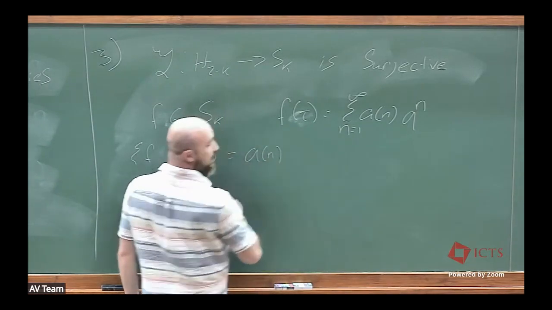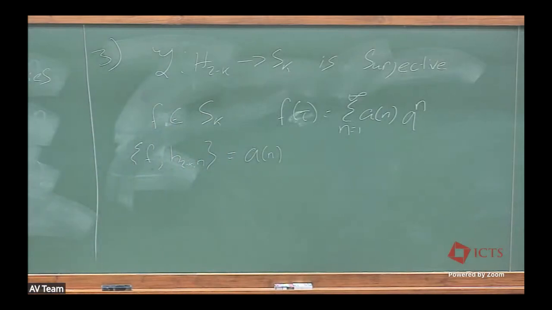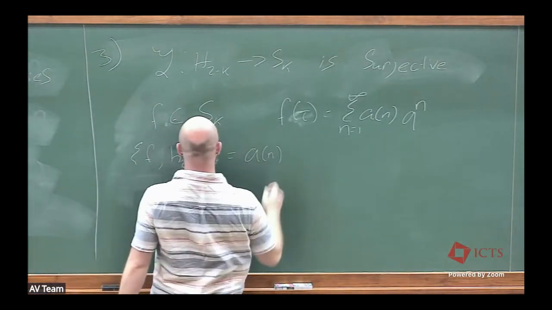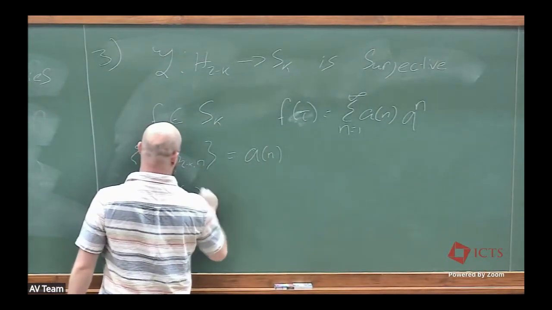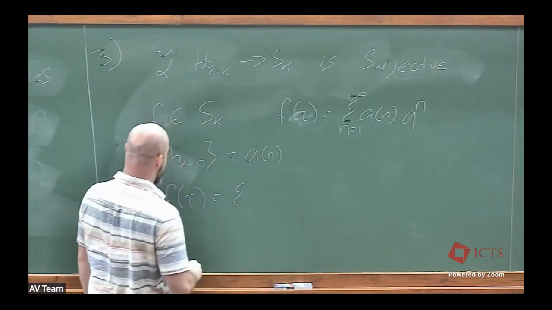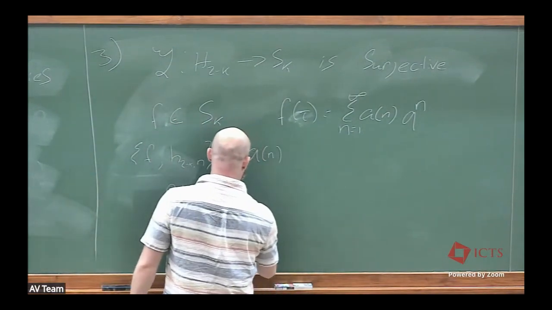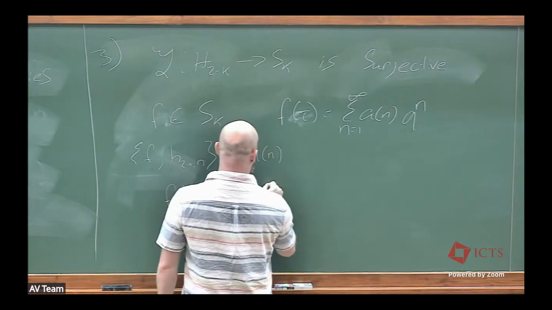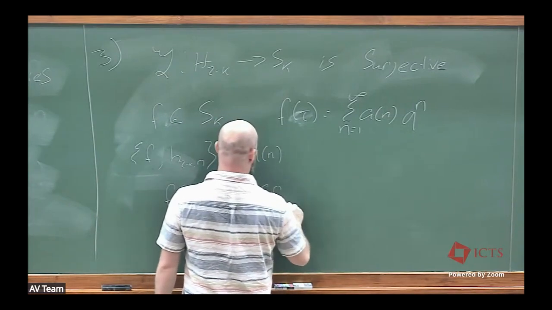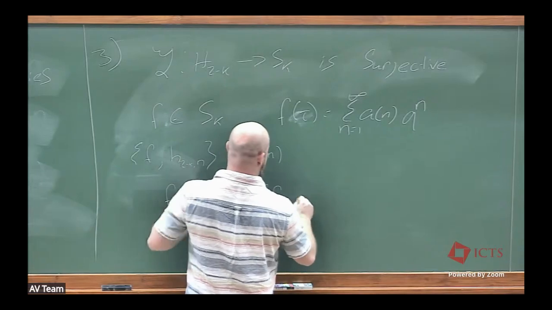So this is going to be a_n. And so in particular, I can write this formula for f(tau) to be the sum from n equals 1 to infinity of the pairing of f against this harmonic Maass form.